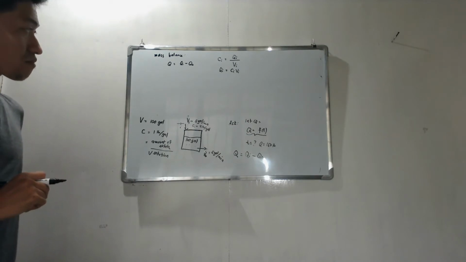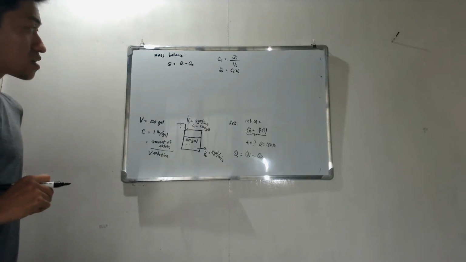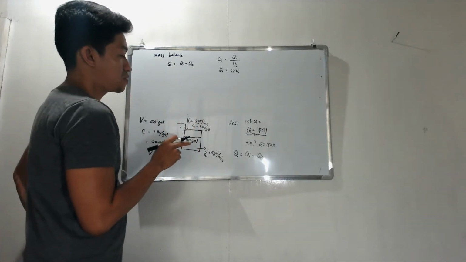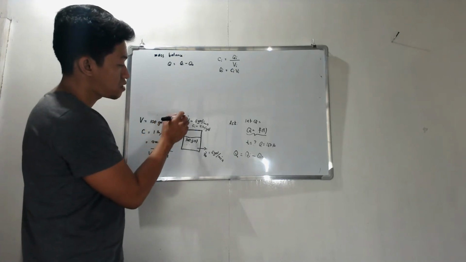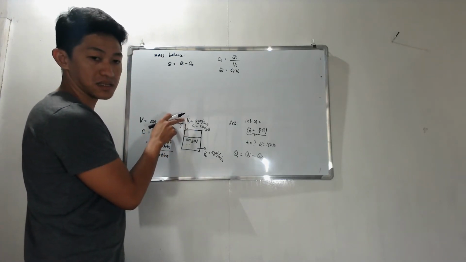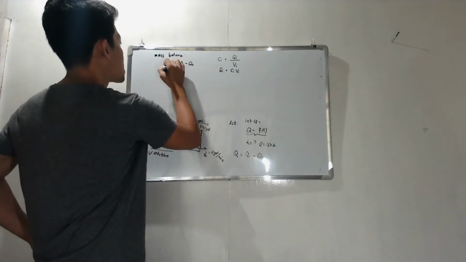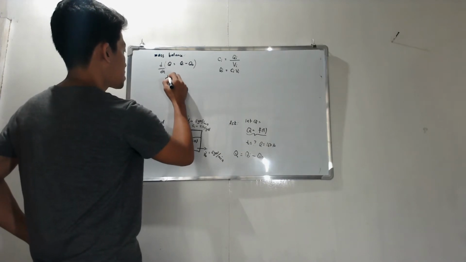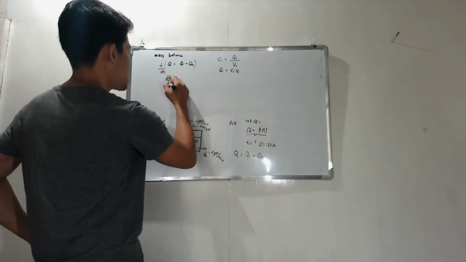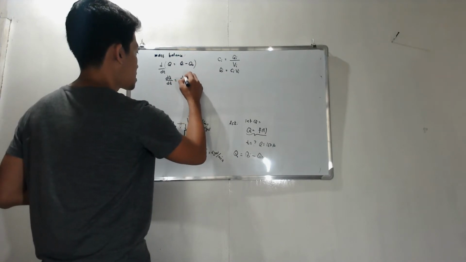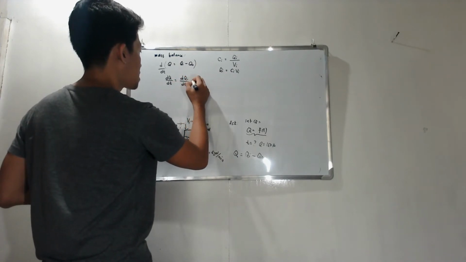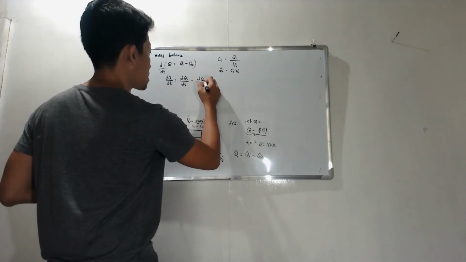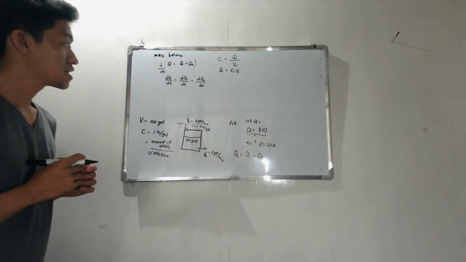And then we will differentiate this one. Why? Because this is a rate, this is volume flow rate, so we will differentiate this one with respect to time. Okay, you have dQ over dt is just minus something over dt.